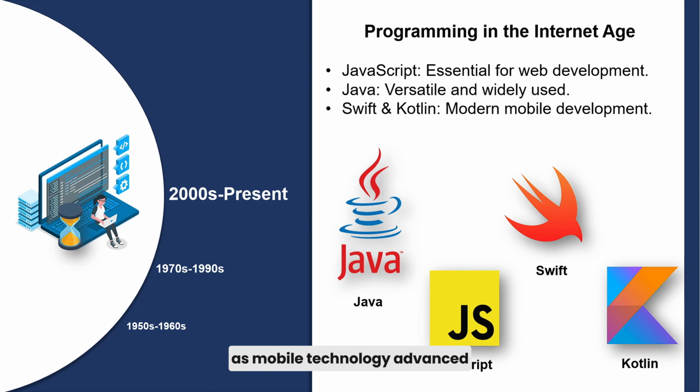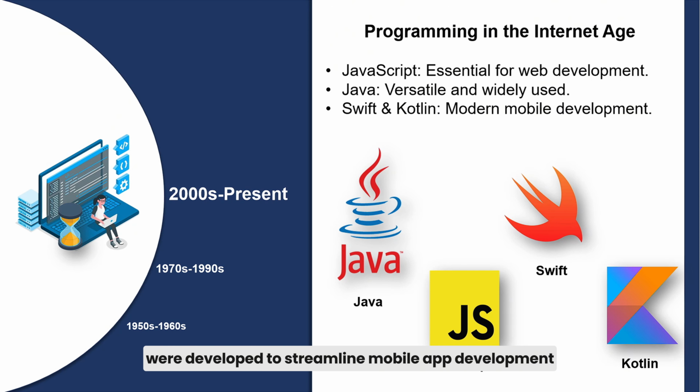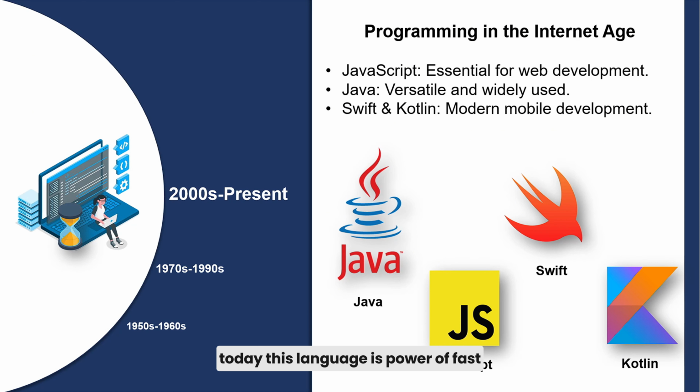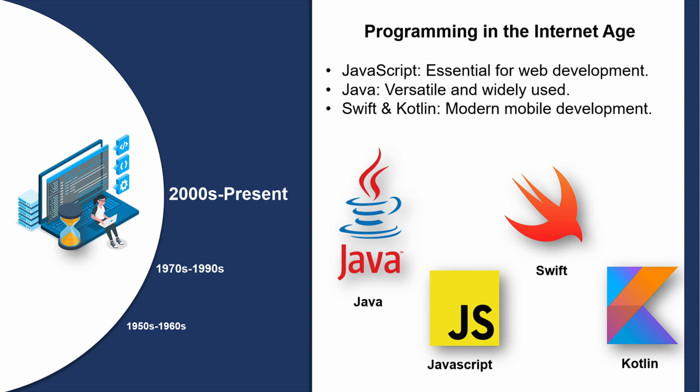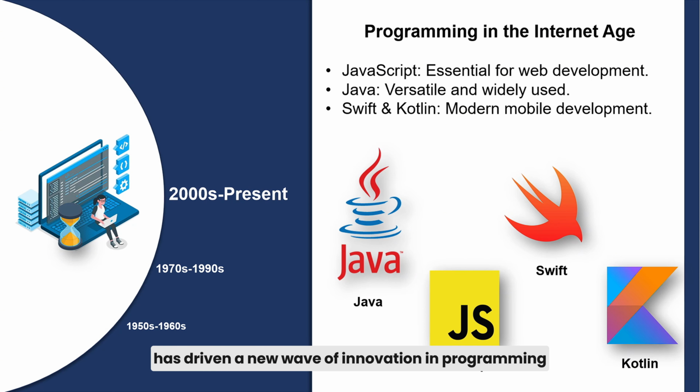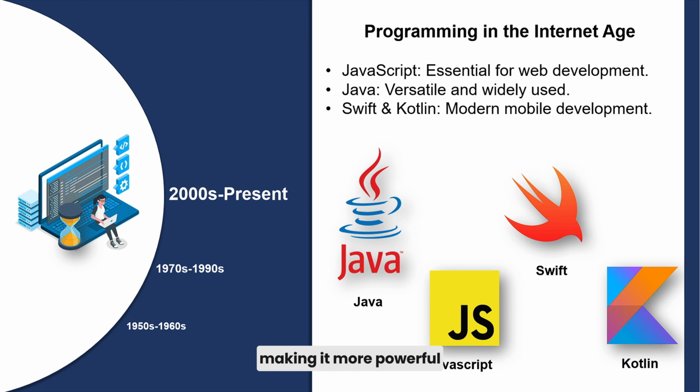As mobile technology advanced, languages like Swift and Kotlin were developed to streamline mobile app development. Today, these languages power a vast array of digital experiences, from websites and mobile apps to complex cloud-based systems. The internet era has driven a new wave of innovation in programming, making it more powerful and accessible than ever before.